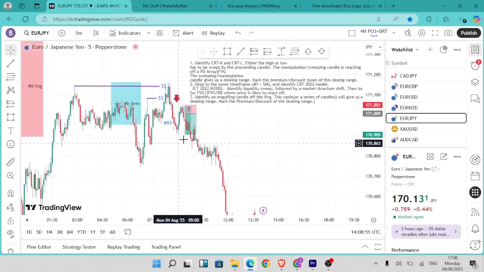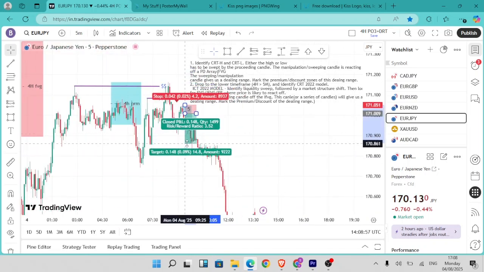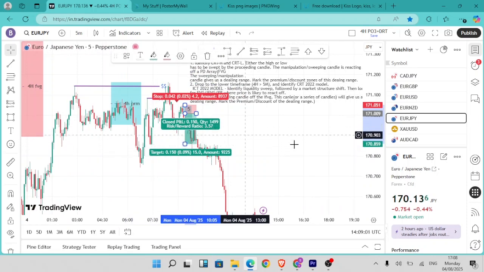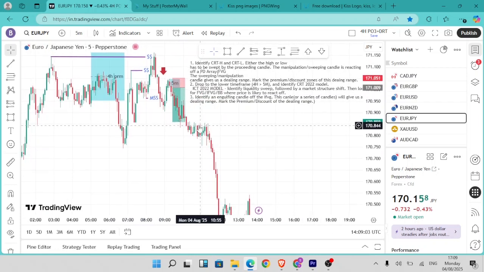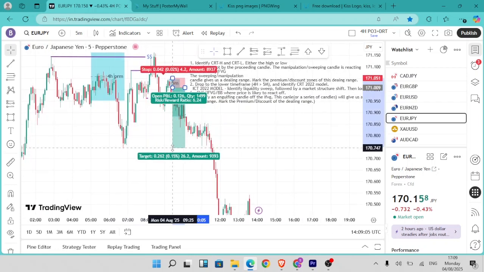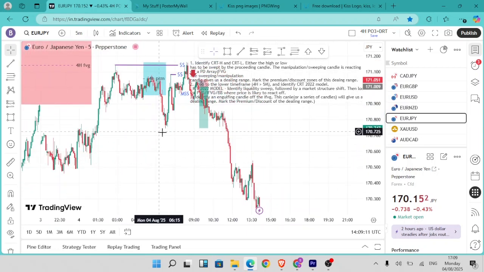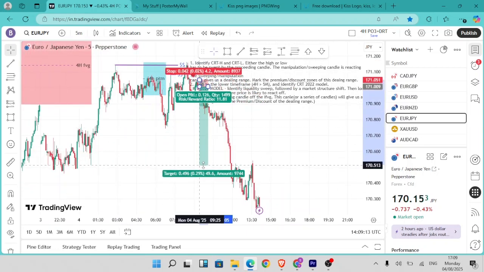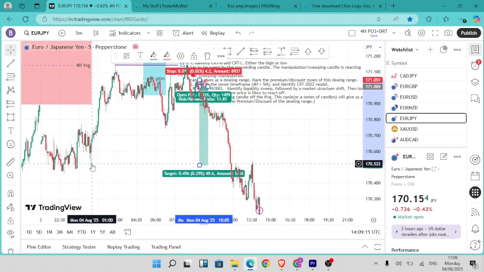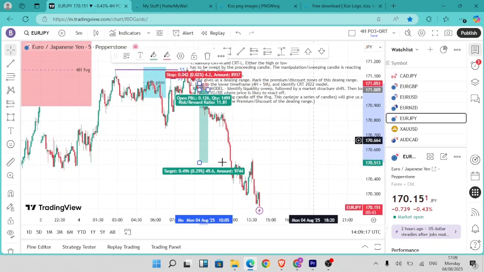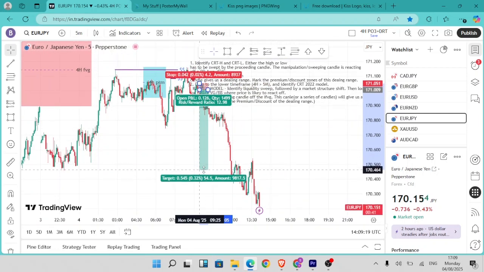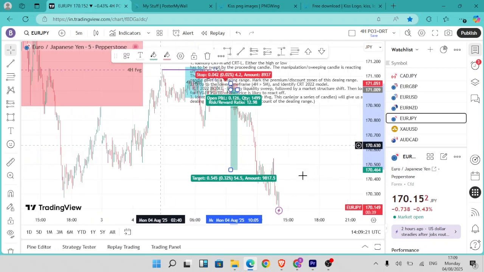For example, take profit number 1 at this low here, giving us a 3.57. The next take profit at this low here, giving us a 6.24. And then the next take profit is at this area, 11.18, or this area, 12.98.